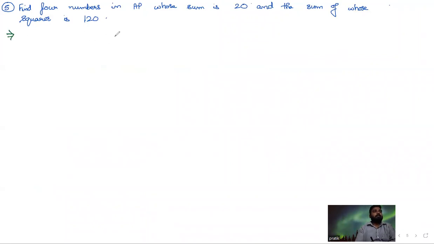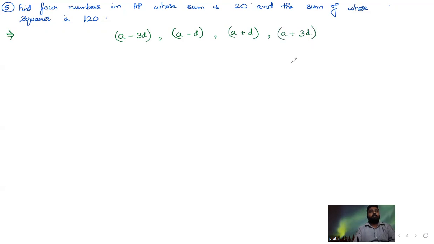Let the consecutive terms be A minus 3D, comma A minus D, comma A plus D, and A plus 3D. You have to remember that when we did the theoretical part, we told that if it is consecutive numbers, of first 3 numbers, 4 numbers, 5 numbers, generally 5 numbers is sufficient. And I told you how to go about with it.